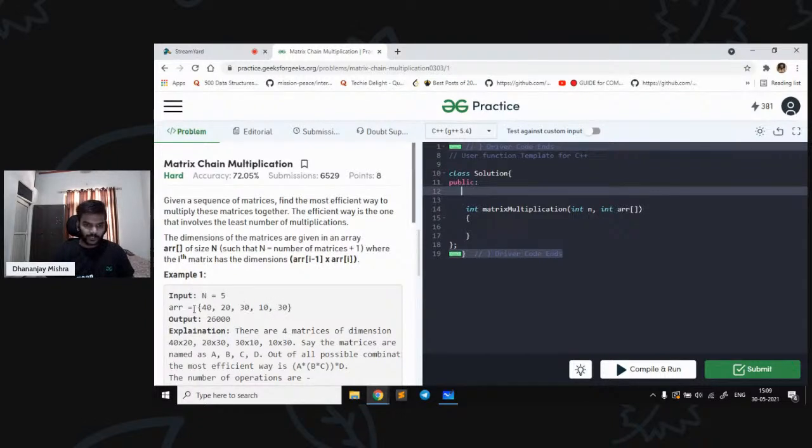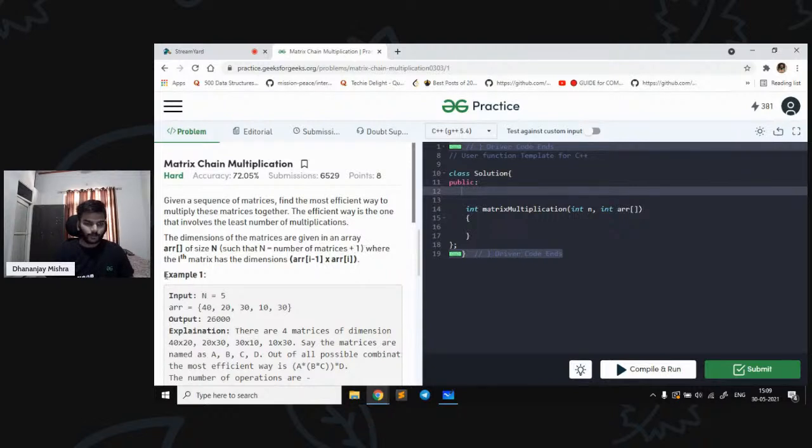By having a first look at this, anyone will not be able to understand how the matrices are denoted, so they have defined a particular rule. They said that the dimensions of the matrices are given in an array of size n, such that n is equal to the number of matrices plus 1. We'll be coming back to this point later on.